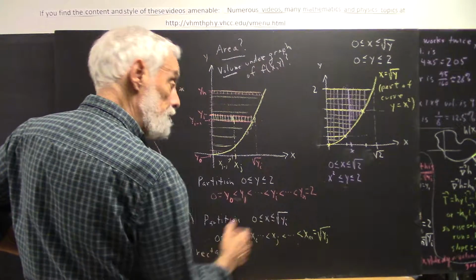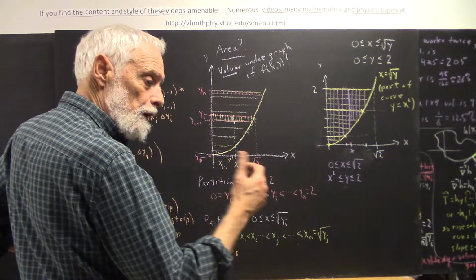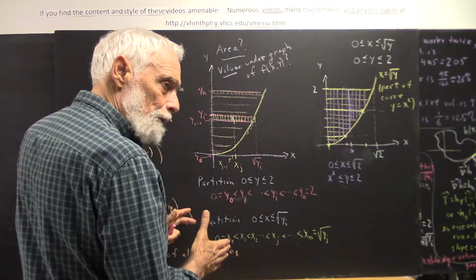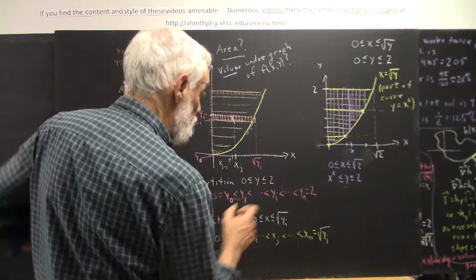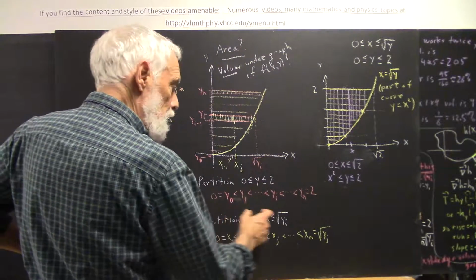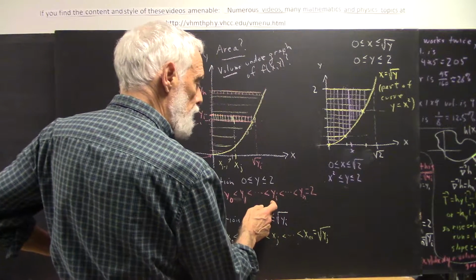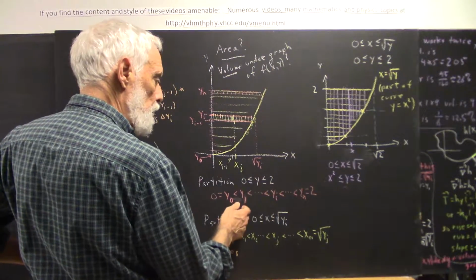There are n intervals. From 0 to n, there are n plus 1 numbers. These numbers are like fence posts delineating the intervals. There's one more fence post than there are intervals, or fence sections. This is the endpoint of the nth interval. This is the endpoint of the ith interval, where i is any index between 1 and n.